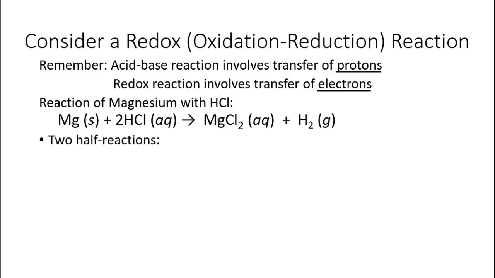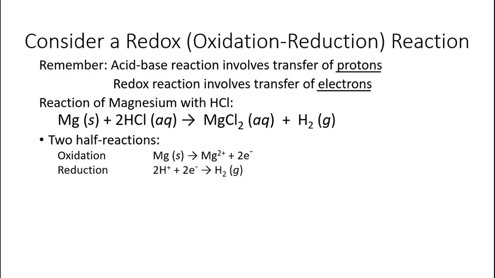Remember that in a redox reaction, there are two components, two half reactions. In the oxidation half reaction, the magnesium metal loses 2 electrons to become the magnesium ion. And in the reduction half reaction, 2 protons coming from the acid are reduced with 2 electrons to produce hydrogen gas.